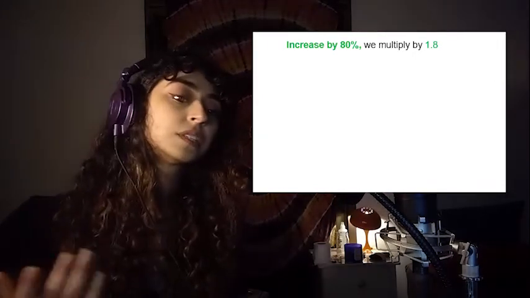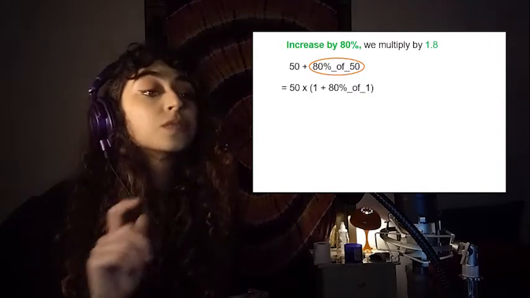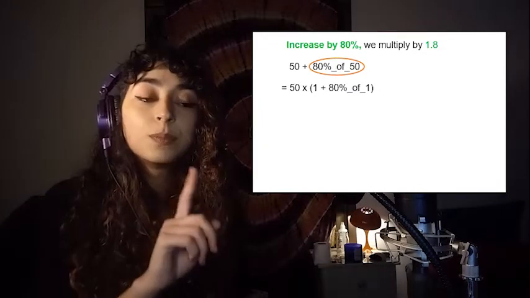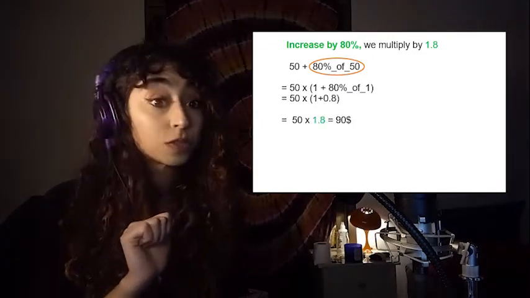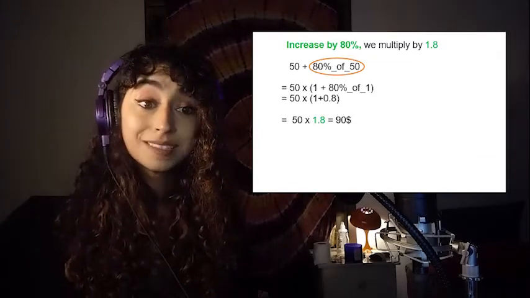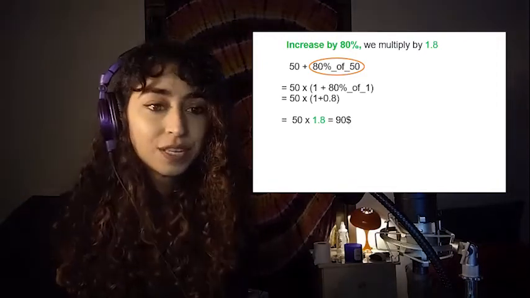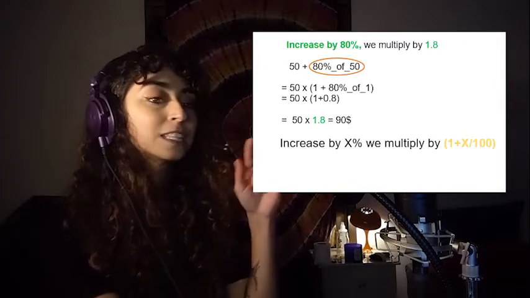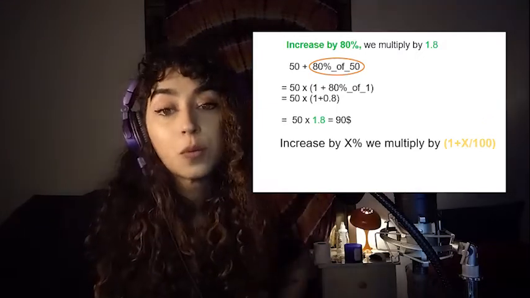Using the same previous logic, 50 plus 80% of 50 equals 50 times (1 plus 80% of 1) equals 50 times (1 plus 0.8) equals 50 times 1.8, which gives us 90. Very simple. So remember, increase by X%, we multiply by 1 plus X over 100.